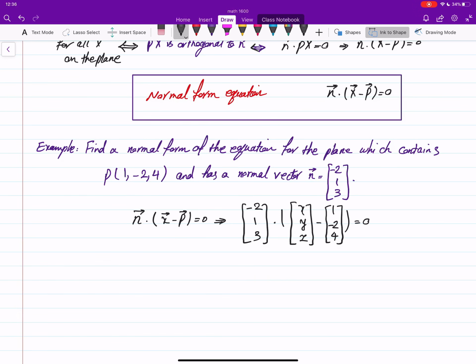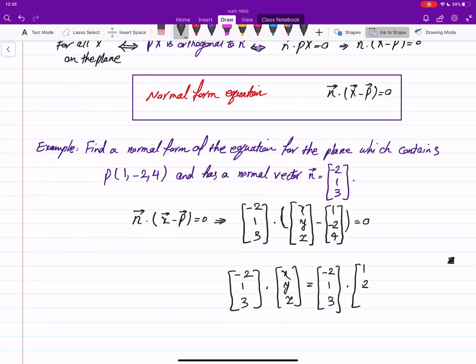That is the equation. Well, that's the example, but you can say, can't I go a little bit further? I can dot product this thing. So negative 2, 1, 3 dot x, y, z, and negative 2, 1, 3 dot 1, negative 2, 4.